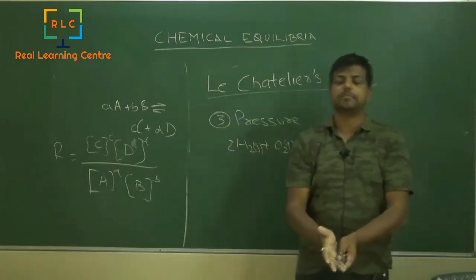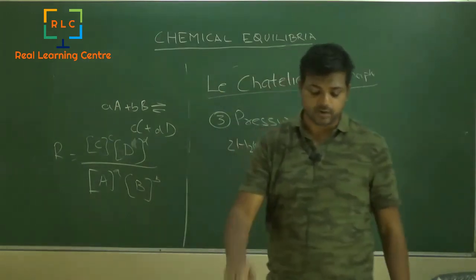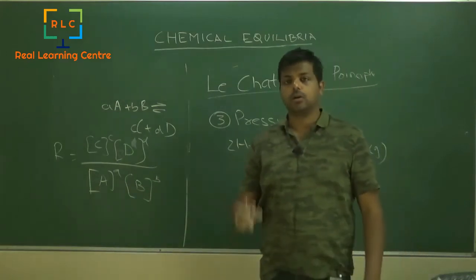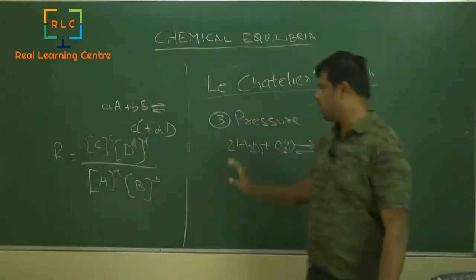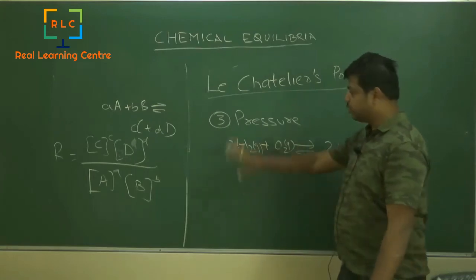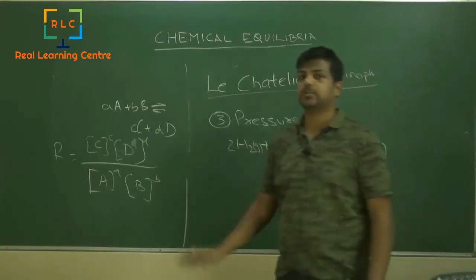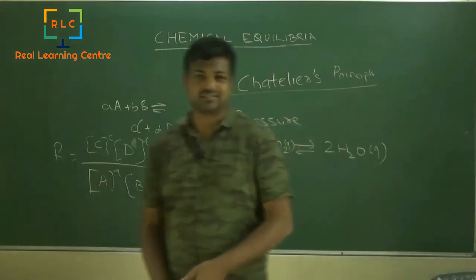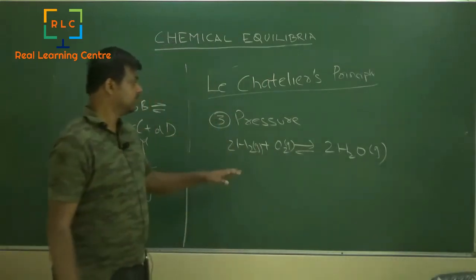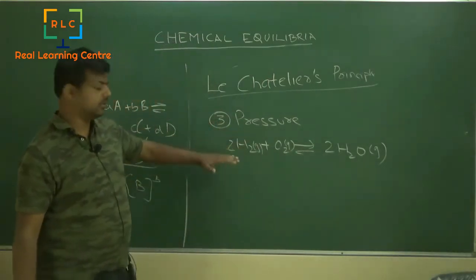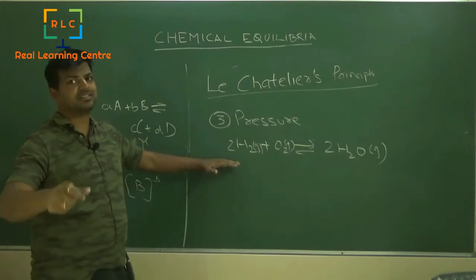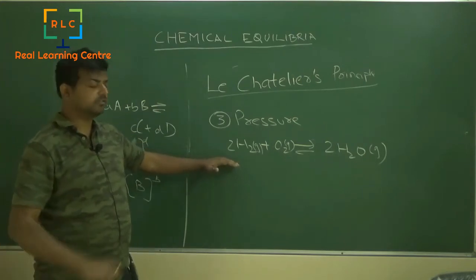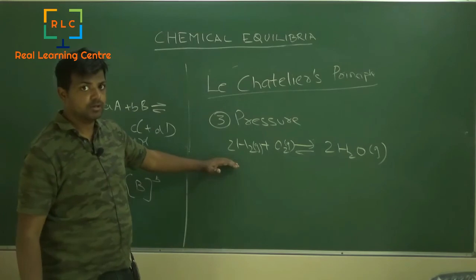Assume that the reaction is happening in a fixed container which has a fixed volume, right? So if all are gases, the total pressure would be the sum of the partial pressure of each of them. That is Dalton's law of partial pressure. And how do you find that pressure? PV equal to nRT, V is fixed. So depending on the number of moles, pressure would be proportional to the number of moles.